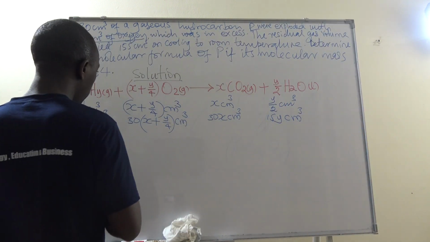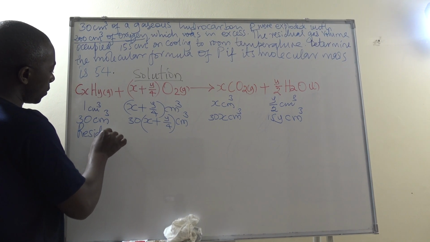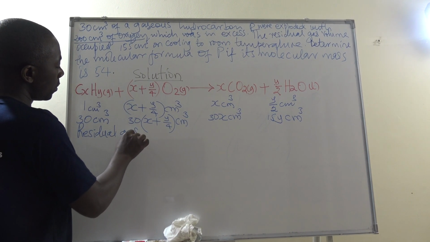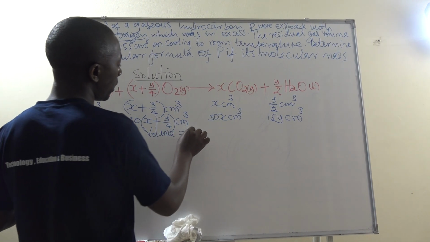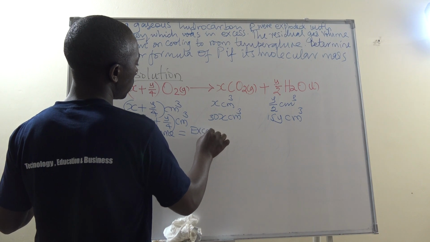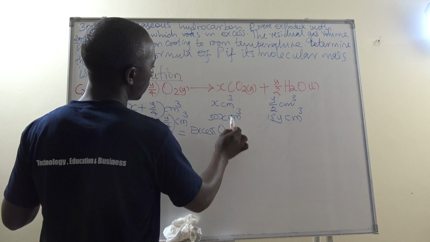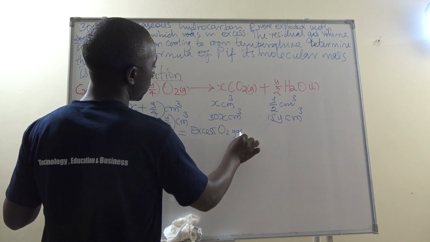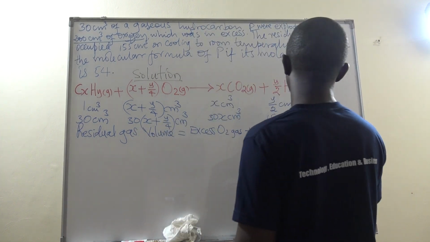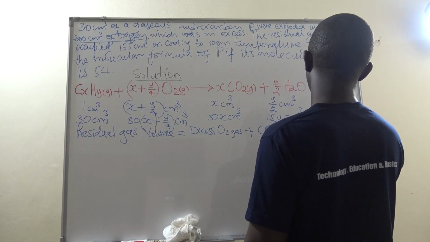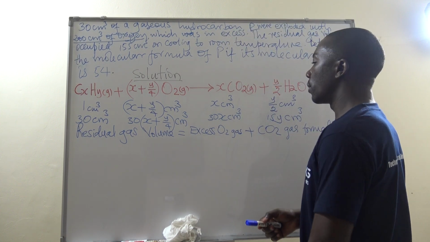So we can say residual gas volume should equal excess oxygen gas plus carbon dioxide gas formed. That makes the residual gas volume.